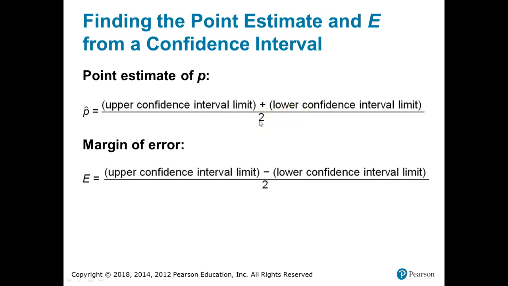Gives you the average of the two, which has the margins of error cancel out, leaving you with just the sample proportion. Or you can do the margin of error, which is the upper confidence interval limit minus the lower confidence interval limit, which would then cancel out the point estimate. So then when you divide that by 2, you get the margin of error.